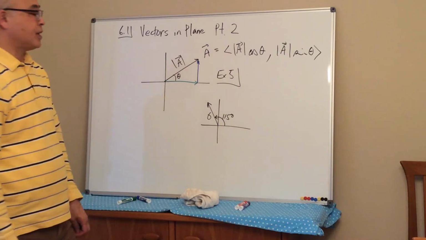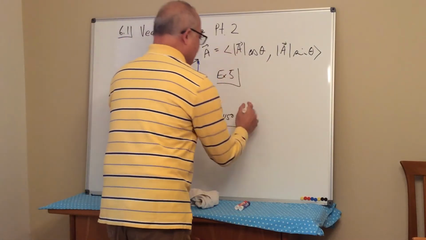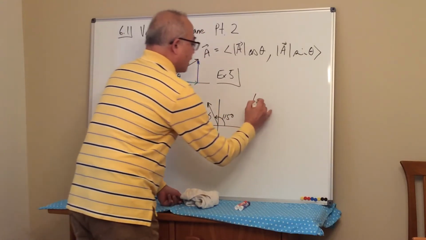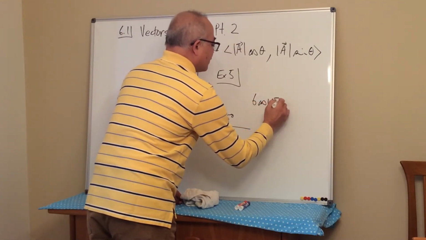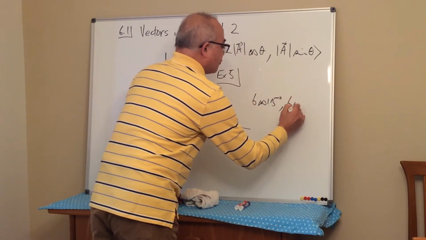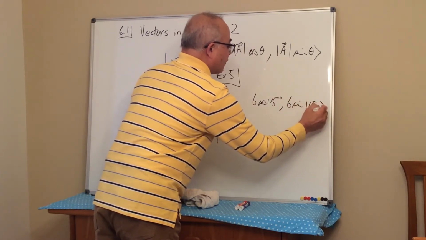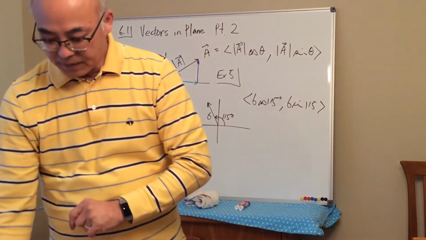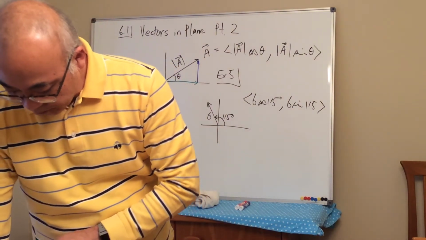So the vector is going to be 6, the magnitude, times cosine 115, and the magnitude times the sine 115, and that is what the vector is going to look like. Okay, that's example number 5.